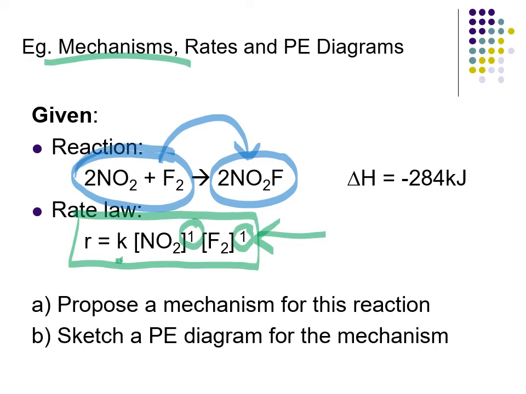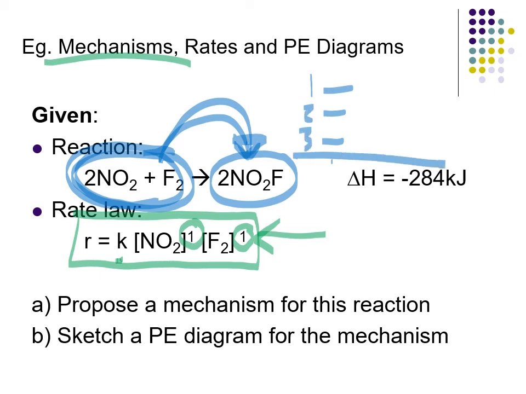Just because we have these pieces here doesn't mean we just jam them together in one go and end up with a product. There may be several steps involved. We might do something in step 1, something else in step 2, and something else in step 3. In the end, we get the overall equation, the pieces forming the product, but it may take several steps to do that. These steps, that's the mechanism.